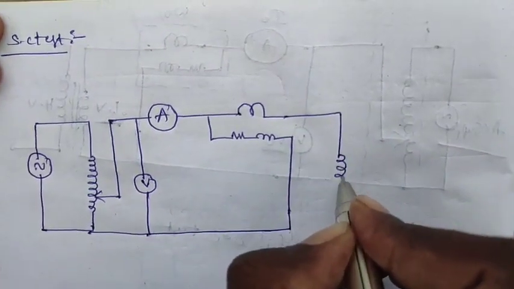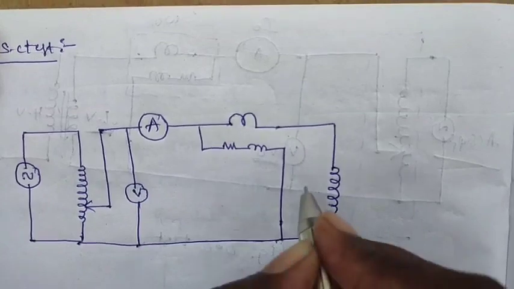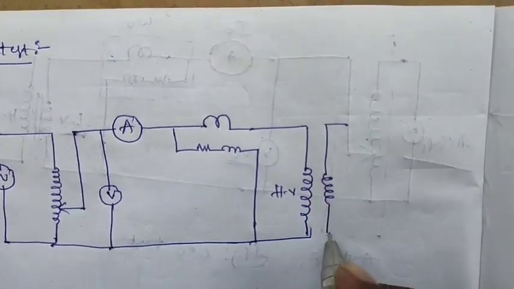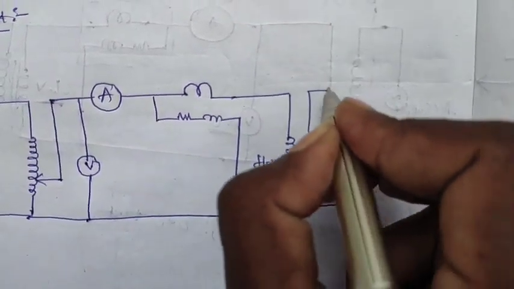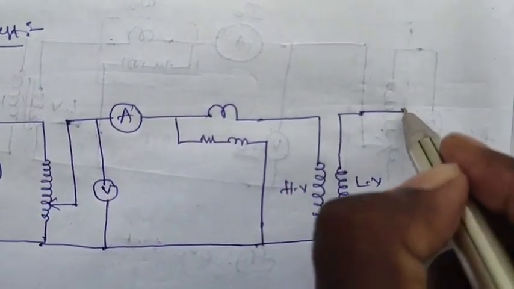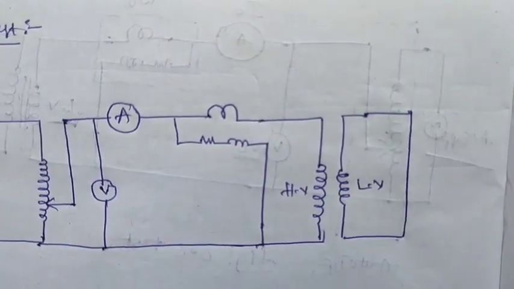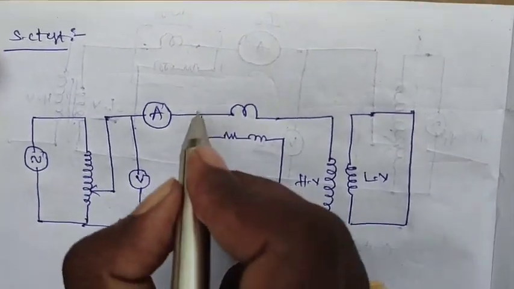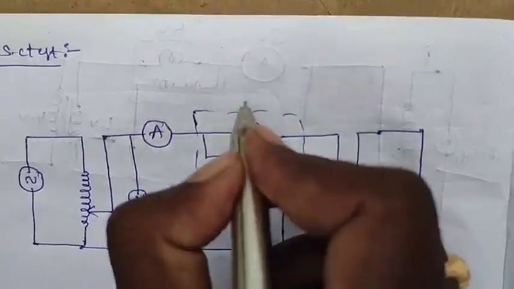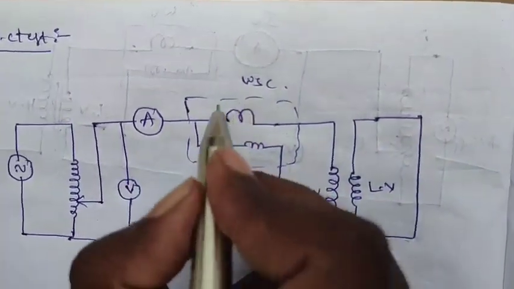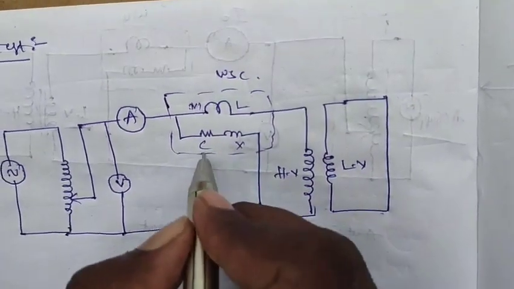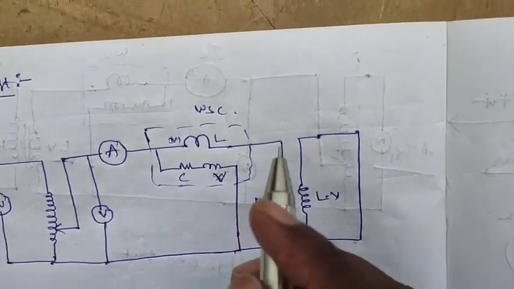Here the low voltage winding is shorted. SC means short circuit. Here we have Wsc. The wattmeter has terminals M, L, C, V: main line, common, voltage.